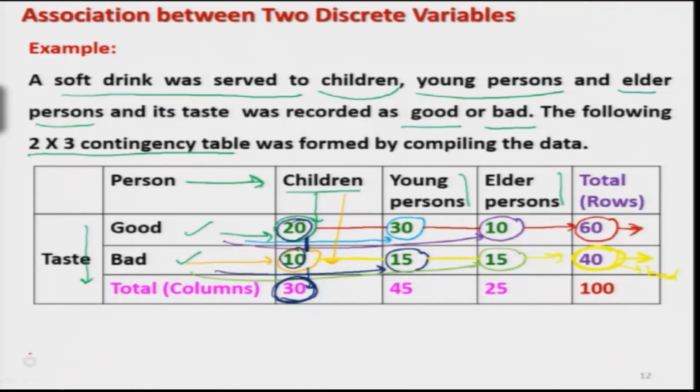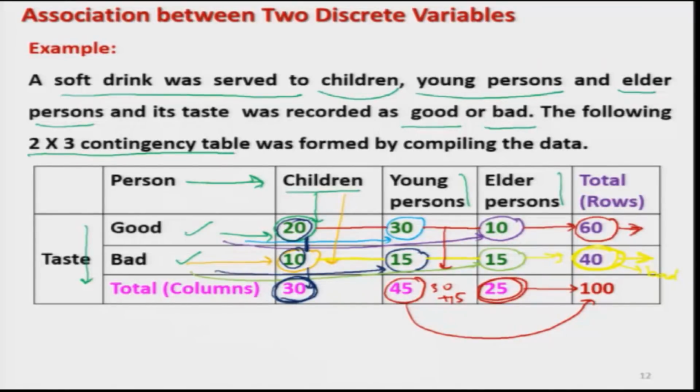Similarly, in the second column, I get this number 45, which is equal to 30 plus 15. So that indicates that there are 45 young persons out of these 100 persons. And similarly, in the last column of elder persons, this value is 25. So that indicates that there are 25 elder persons in the sample of 100 persons.